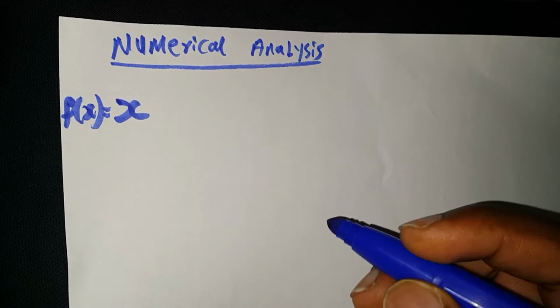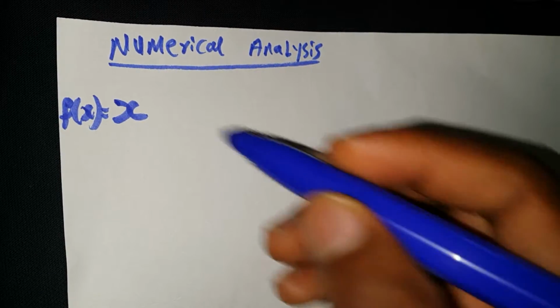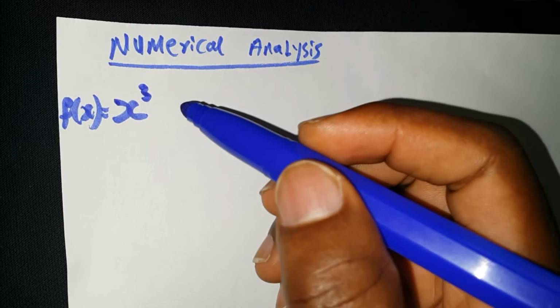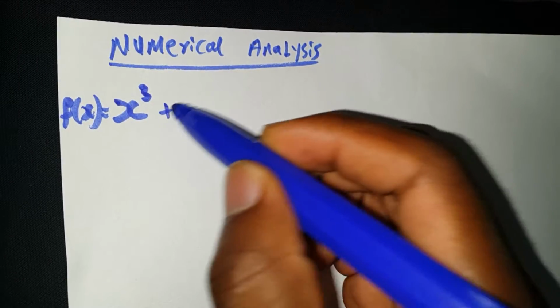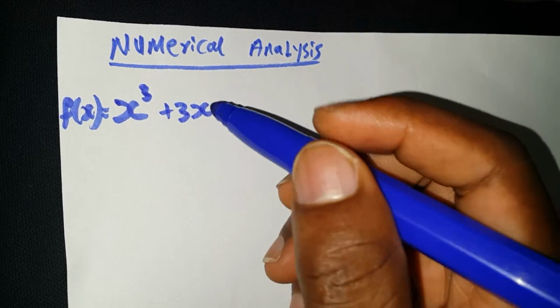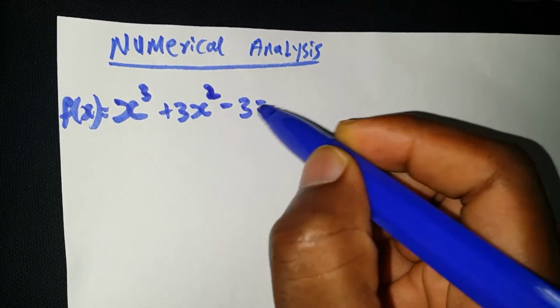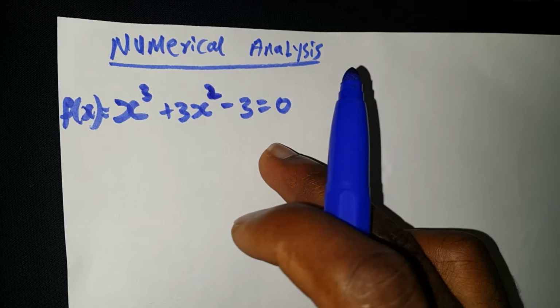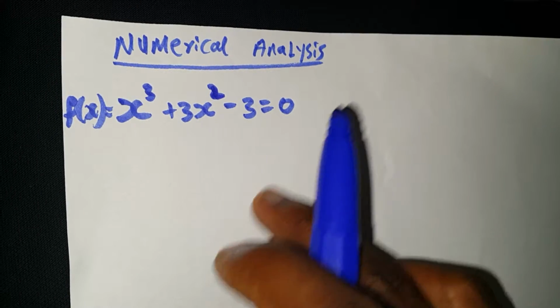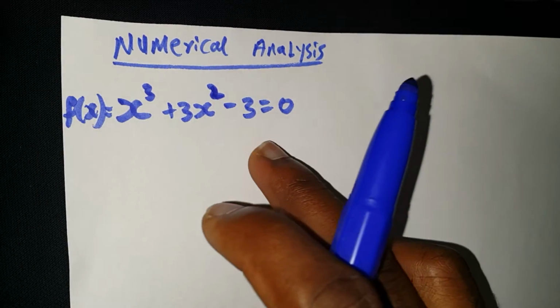Let's say x cubed plus 3x squared minus 3 is equal to 0. This function, I try to use the previous function that we've solved.